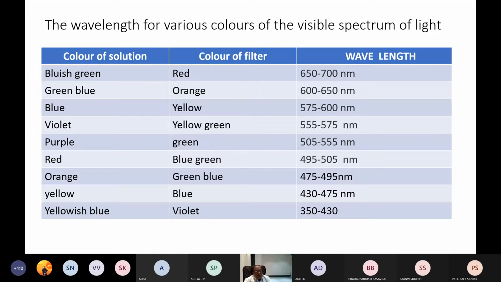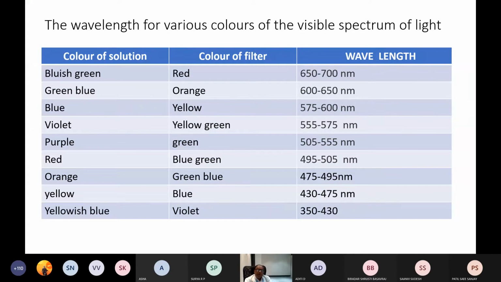If it is a red solution, it is a blue-green filter, 495 to 505, like that. And if it is a yellow solution, it is blue, with wavelength 430 to 475.